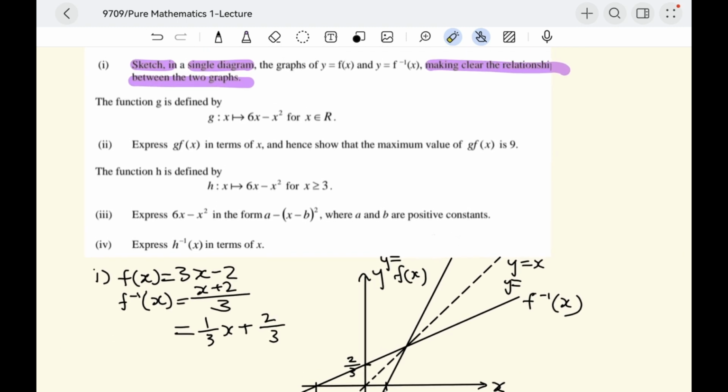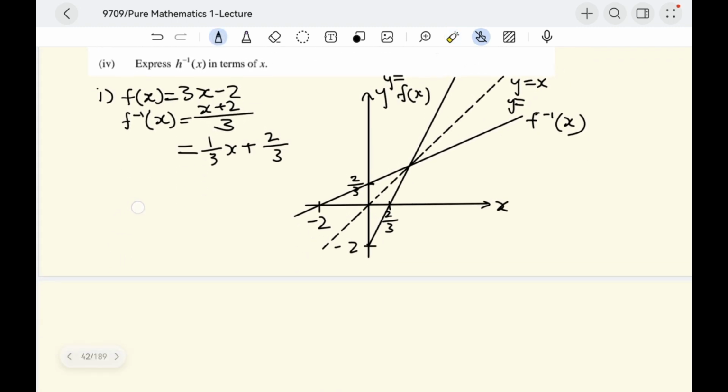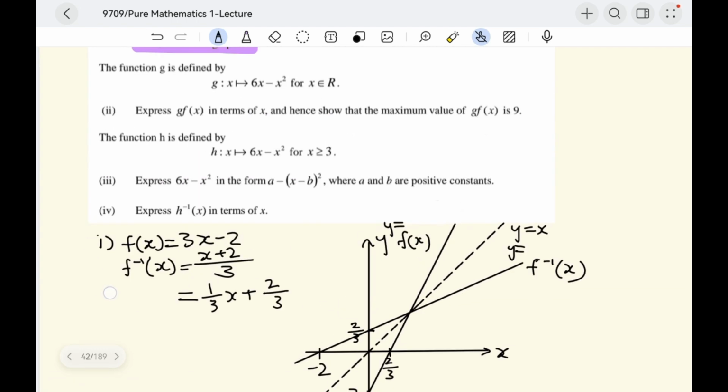That's question 1. All right, so let's proceed to the next part, which is part 2. Express g of x in terms of x, hence show that the maximum value of g of x is 9. Okay, what is the maximum value?